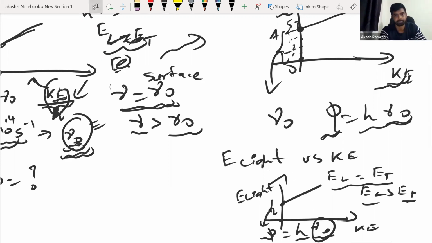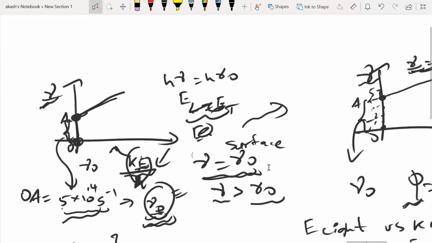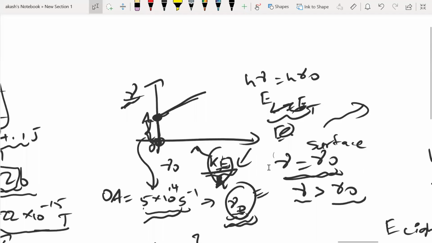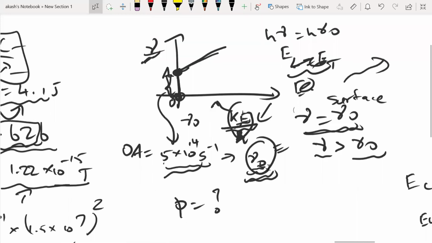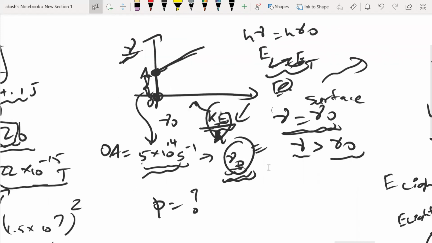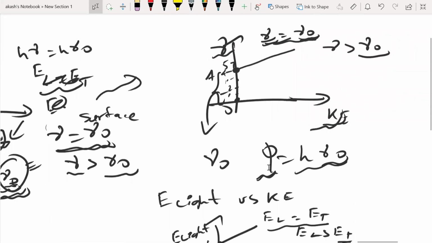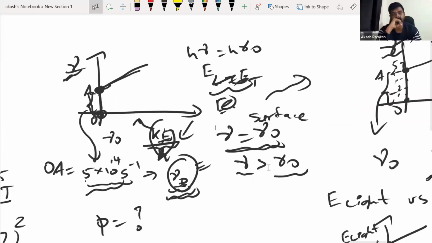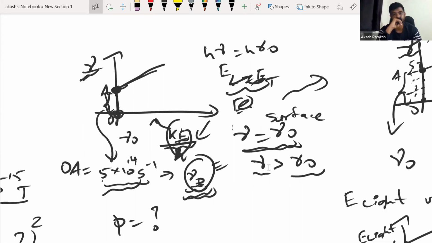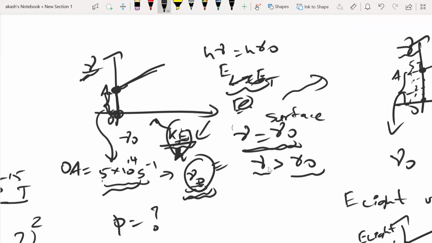Sir, I have a doubt from the previous questions. In the previous graph, we can write h into nu, that is the frequency of light incoming, is equal to psi plus kinetic energy. If we take the h to that side, the frequency of light becomes psi upon h plus kinetic energy upon h.